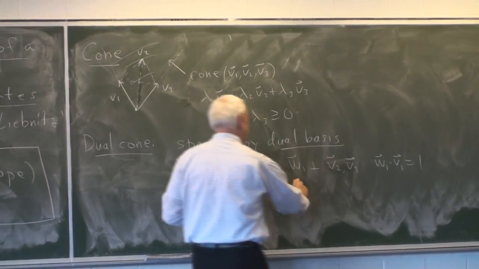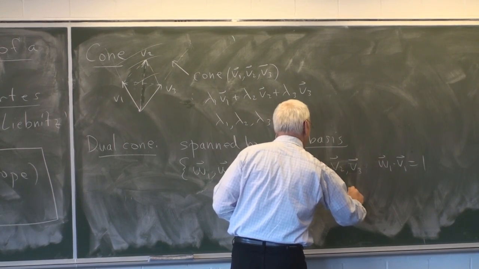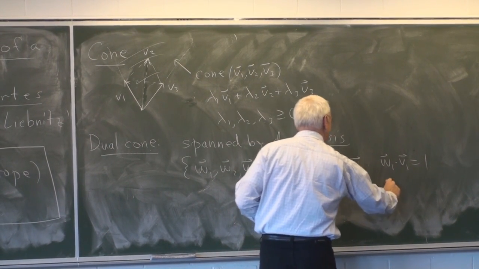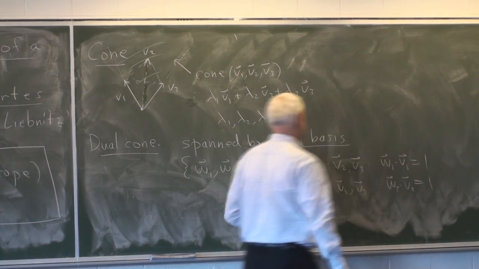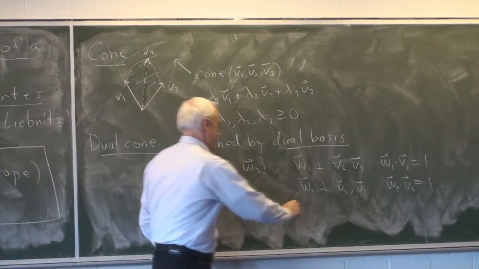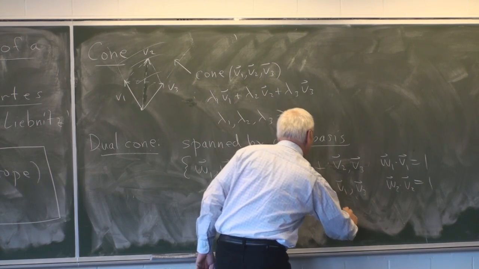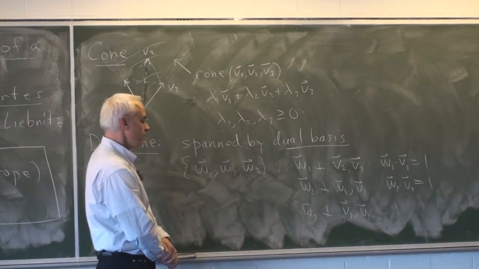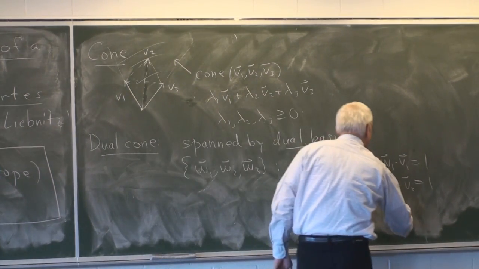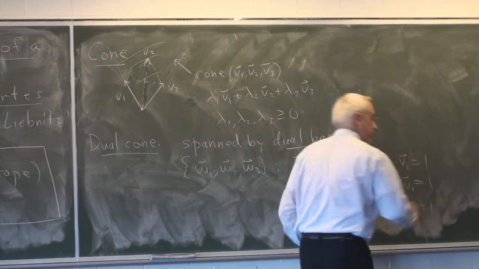And then there's another one, same kind of thing. w2 is by definition perpendicular to v1 and v3, and its dot product with v2 is 1. And similarly, w3 defined as perpendicular to v1 and v2, characterized by w3.v3 equals 1.